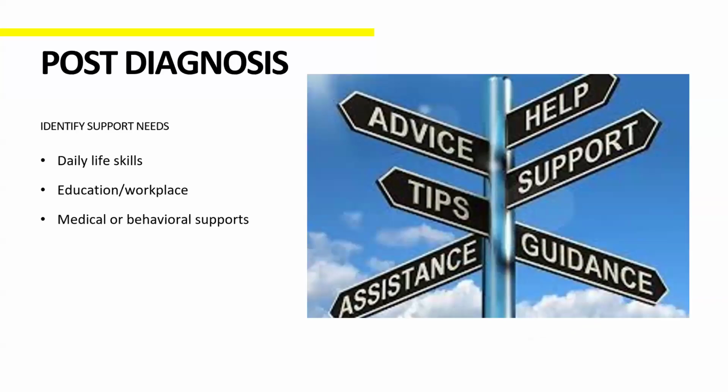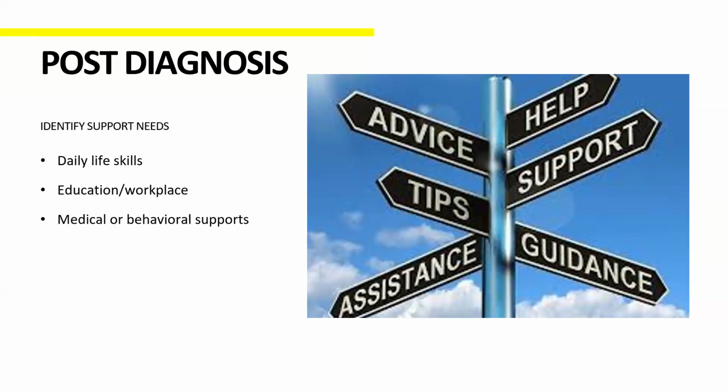Autism looks different for everyone. There's no such thing as someone who looks autistic. Every person on the spectrum exhibits varying levels of ASD symptoms and intellectual functioning. Some areas where individuals might require additional supports are daily living skills, communication, social interactions and routines, education and workplace.